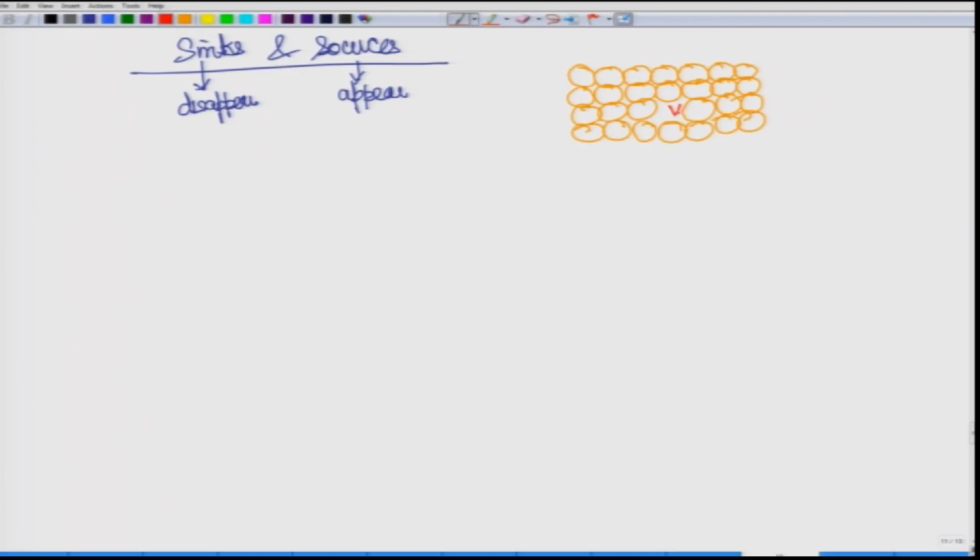Now, because vacancies can diffuse, this vacancy can hop to this place, then to this place, and once it is here, it is on the surface, and the surface is already uneven, and it can even move to somewhere on the completely outside surface. So, it is as good as saying that we have vacancies over here, and vacancies over here.